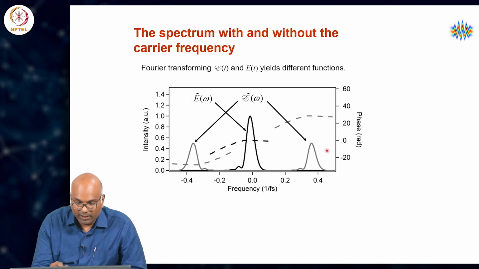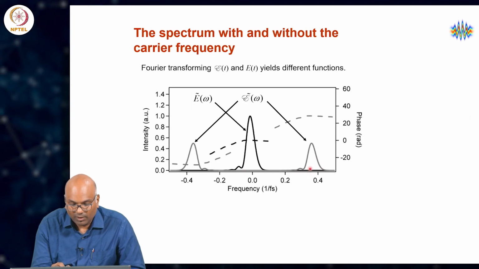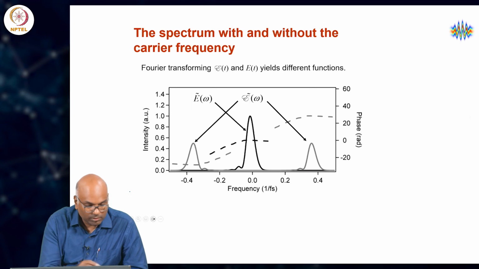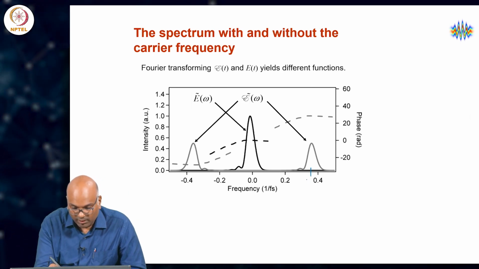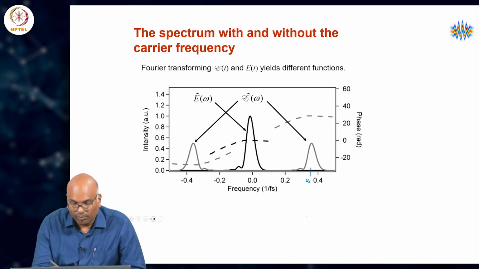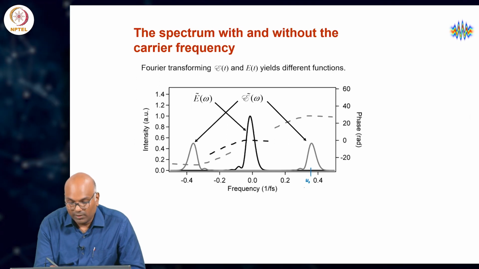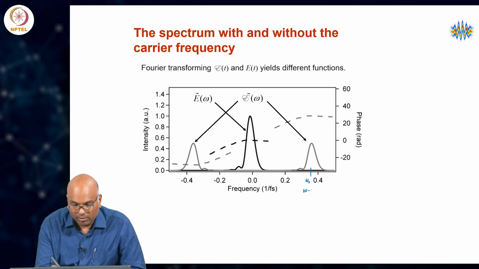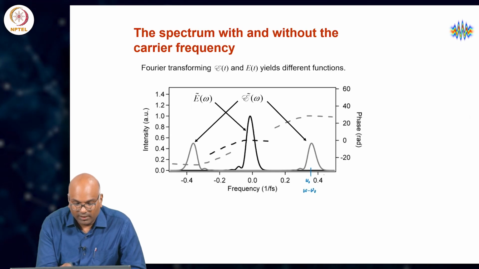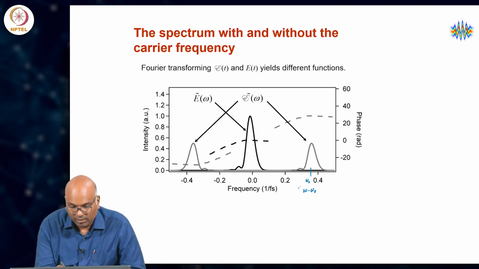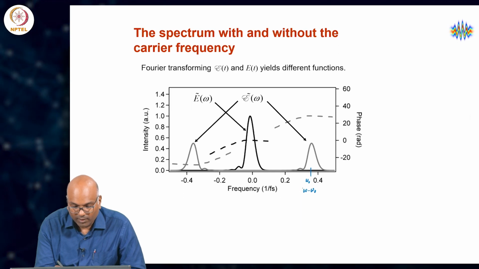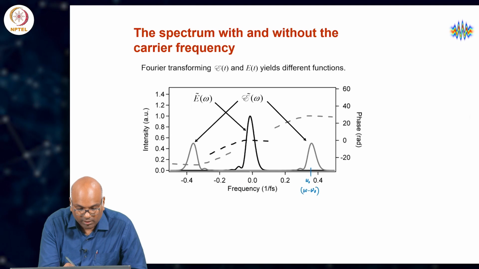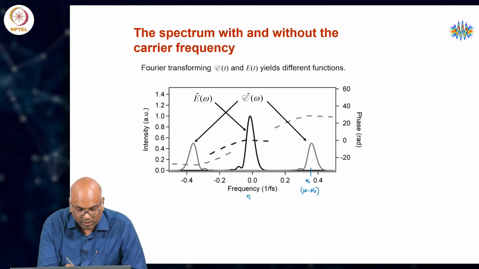A spectrum centered at some omega naught, like a carrier frequency. This is a spectrum which is a shifted version of this one, where omega naught seems to be zero.